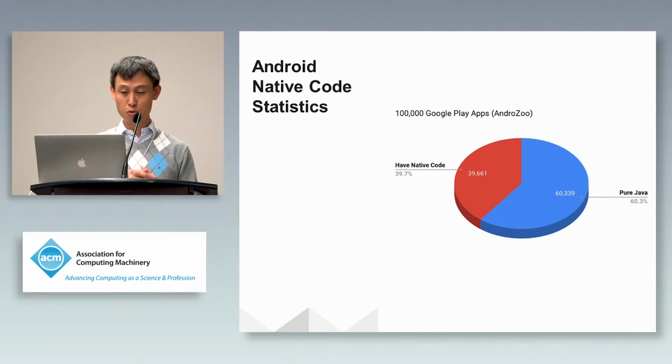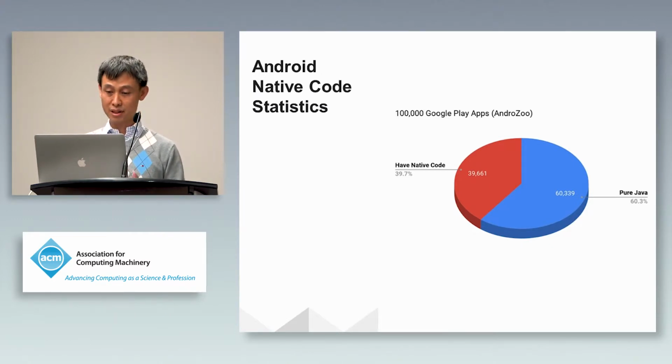They have done a reasonably good job in vetting the apps to make sure malware apps don't get into the Google Play. Out of those 100,000 apps, we found roughly 40% of those apps will use native code. About 60% is purely written in Java. So we only see Dalvik bytecode, nothing native in the package, in the APK.